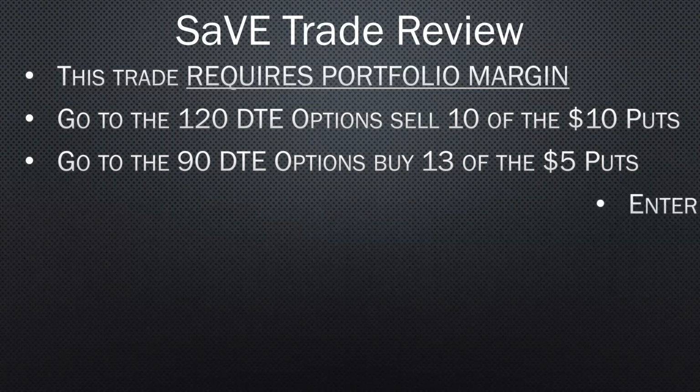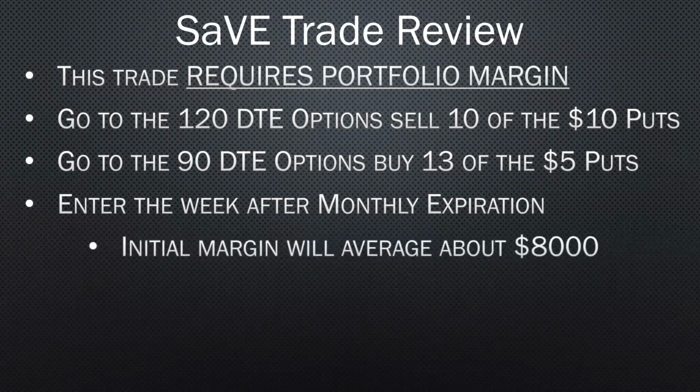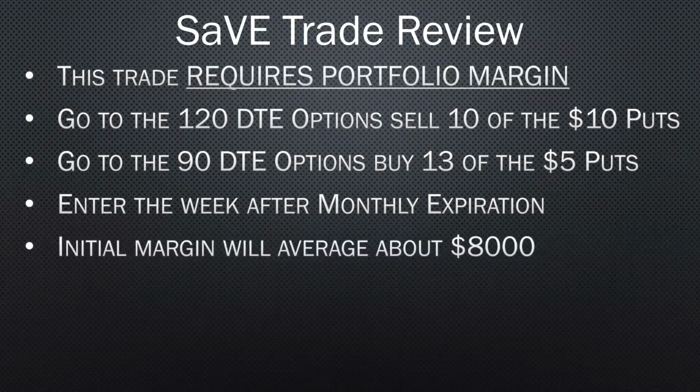Again, we're going to enter the week after the monthly expiration. That's the third Friday of the month. Again, that's not a hard and fast rule. The initial margin, once we put on the trade, is going to use about $8,000 of the $25,000 we're going to set aside.